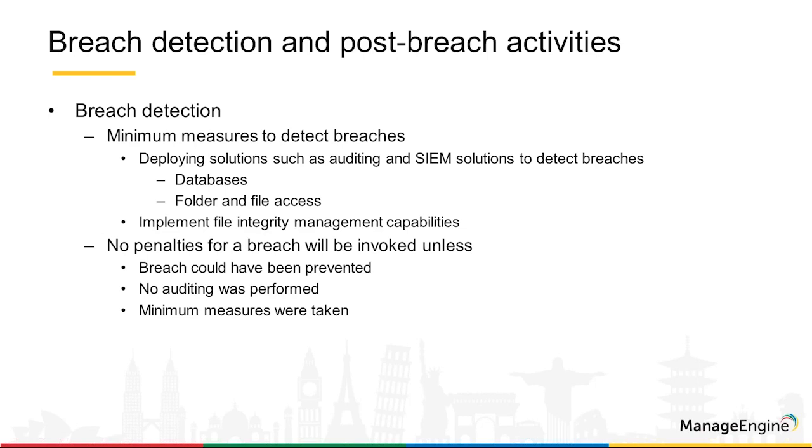Now, if you don't do this, you're going to be penalized. But if you do this and are still breached, according to GDPR, you're not going to be penalized. But you're going to have to prove that you had all this in place, okay? So if the breach could have been prevented, right?